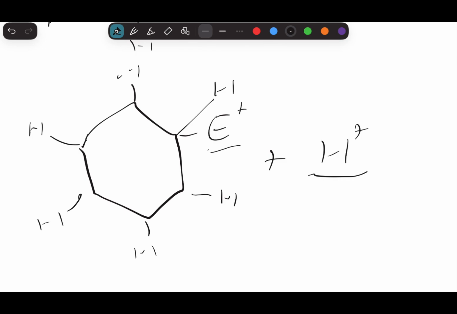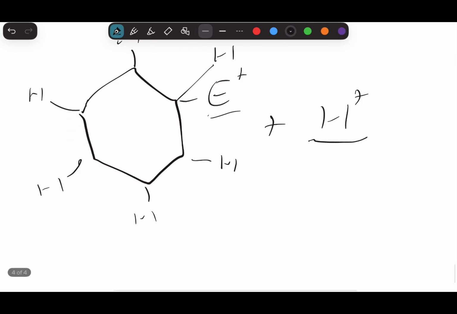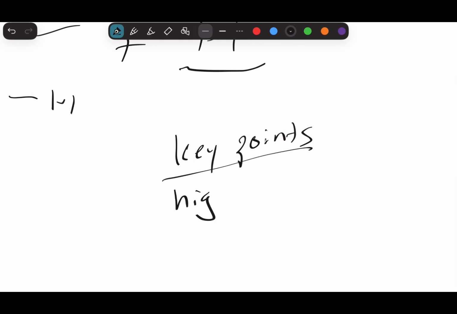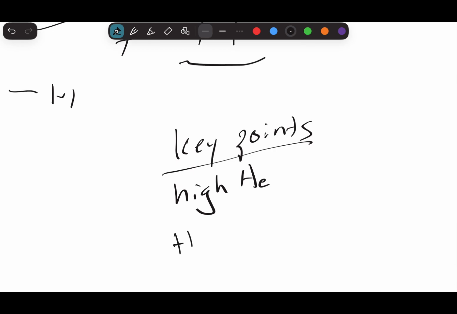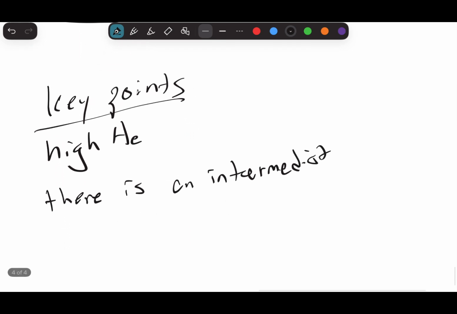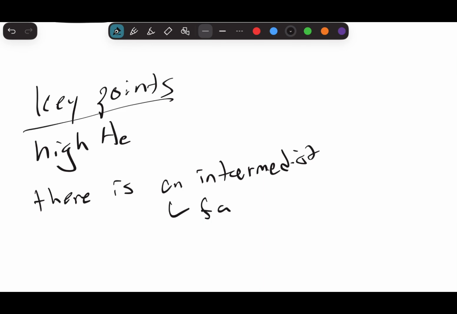Just some more things. The key points. You need really high activation energy. There is an intermediate that forms, and it forms fast.